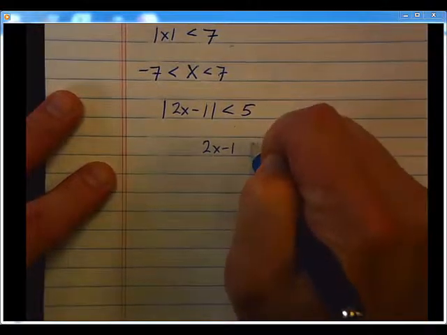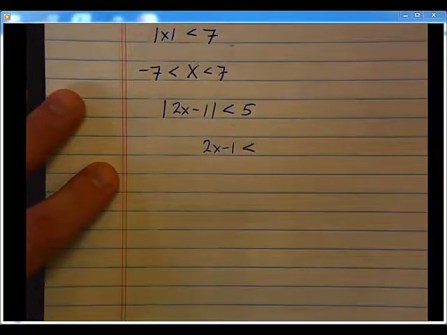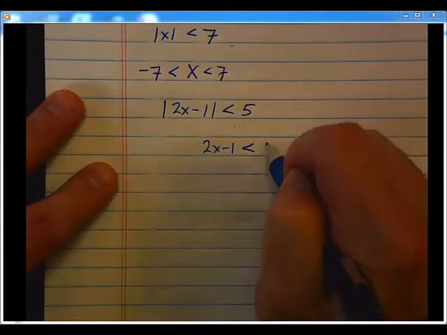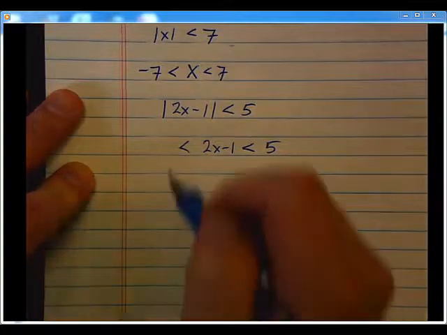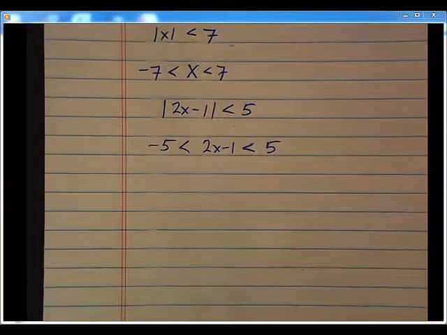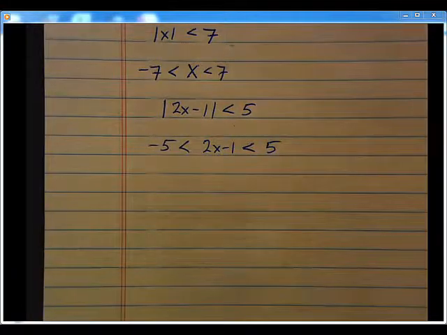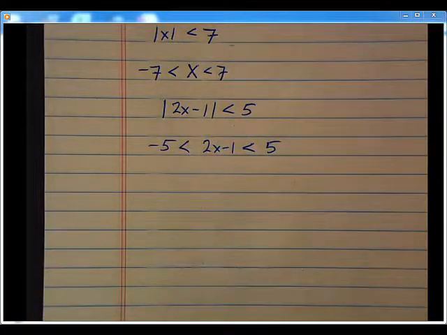For example, 2x minus 1 could be the number 4, or it could be the number 3, or it could be the number 4.86. The biggest possible thing is 5, and conversely, the smallest possible thing it could be is -5. So our 2x minus 1 is trapped in between -5 and +5, and these are exactly the types of problems we learned to solve back in section 3.5.